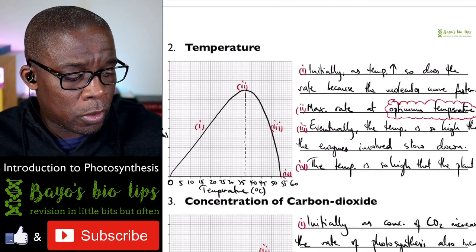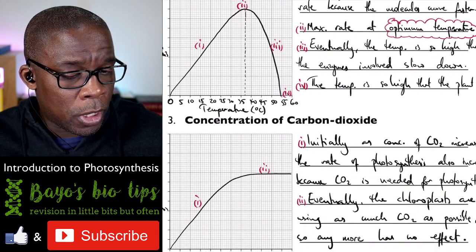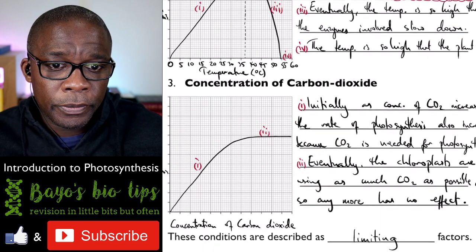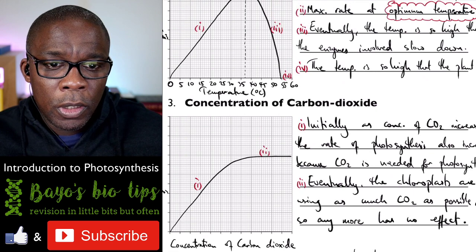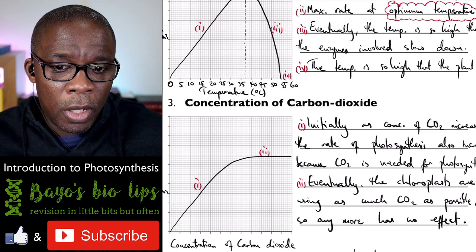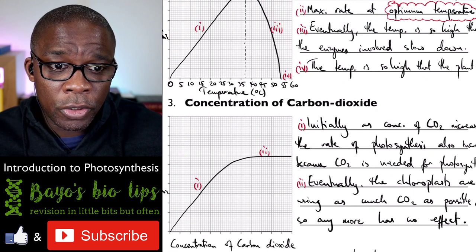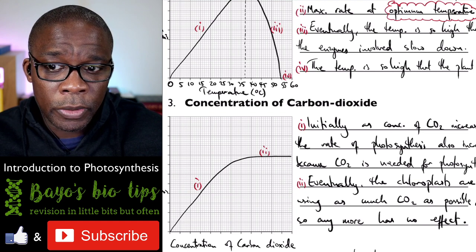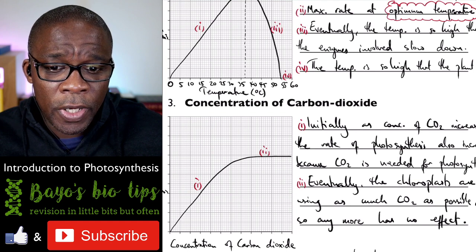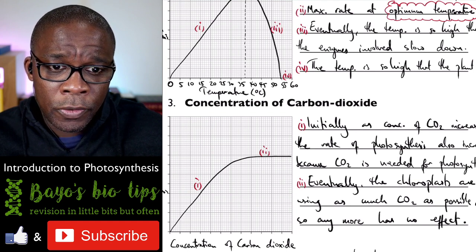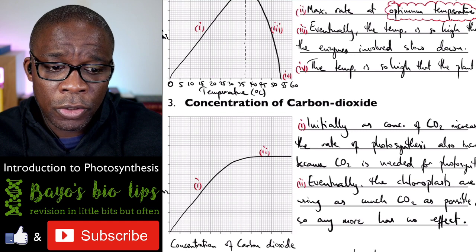Next, we're looking at the concentration of carbon dioxide. So you can see on the graph that the graph for concentration of carbon dioxide is very similar to the graph we did for light intensity. It has 2 phases. In the first phase, as you increase the carbon dioxide concentration, the rate of photosynthesis also increases. So they're directly proportional to each other.